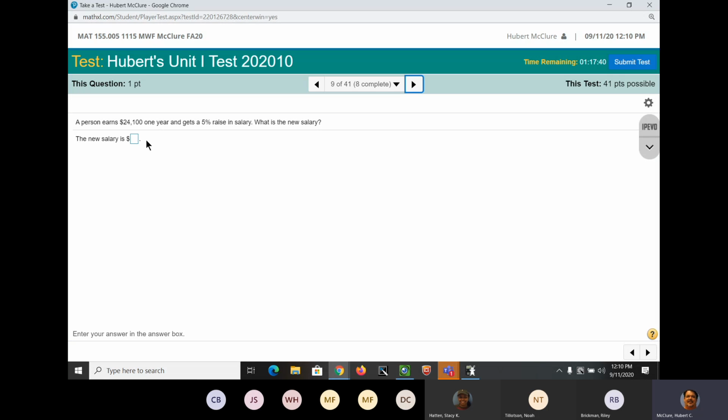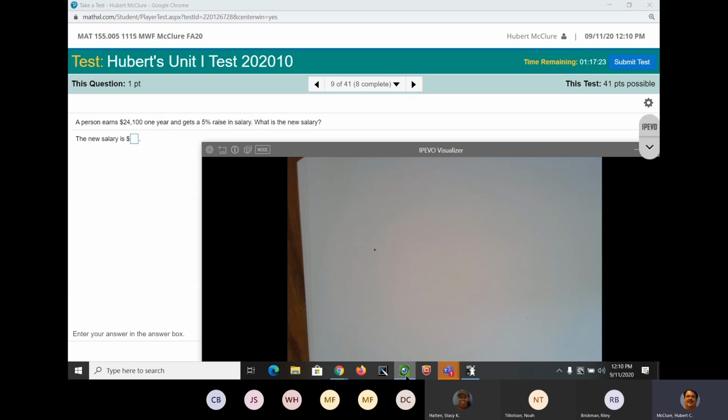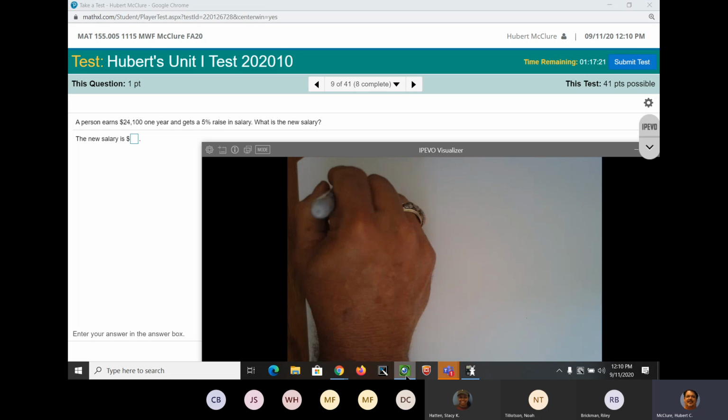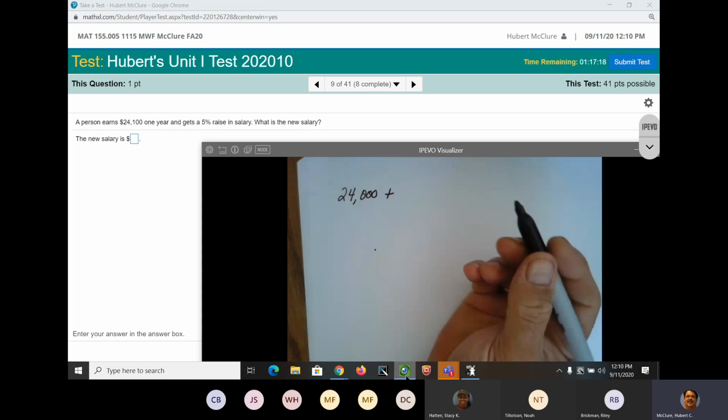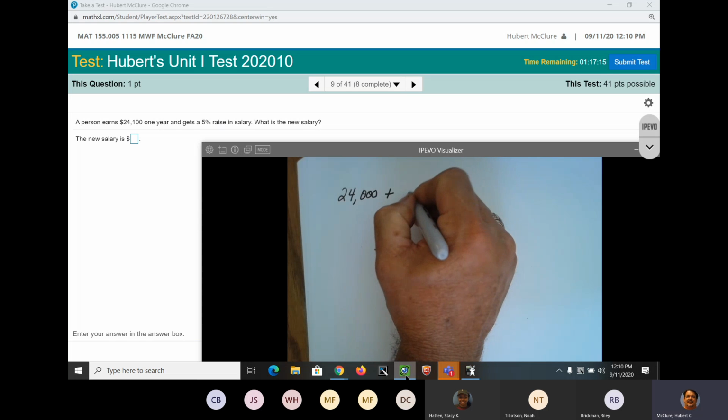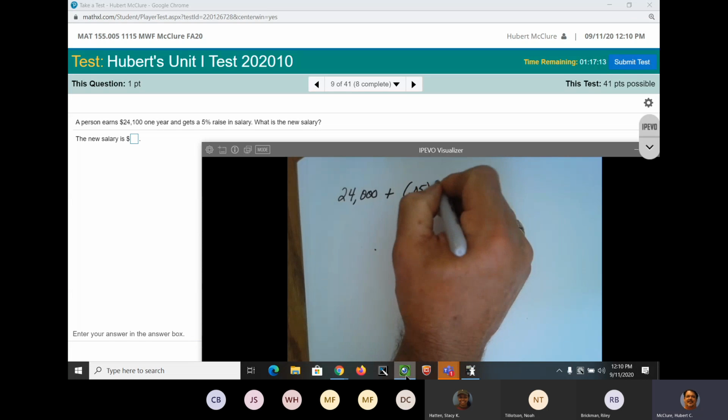A person earns $24,100 in 1 year and gets a 5% raise. Walmart equation. So that's going to be 24,000 plus, because it's a raise, 0.05 times 24,000.